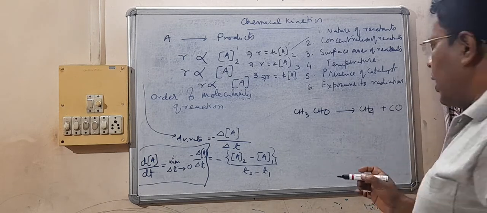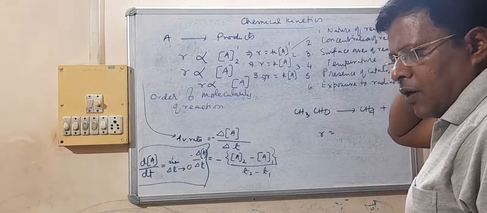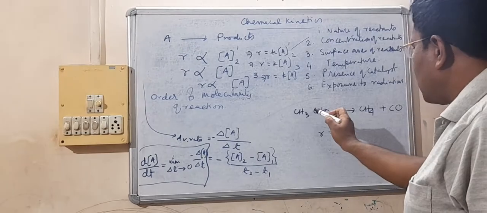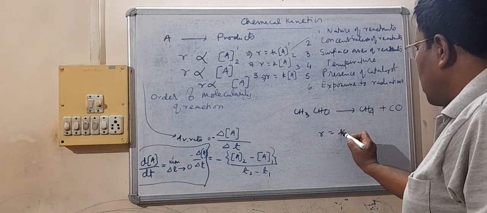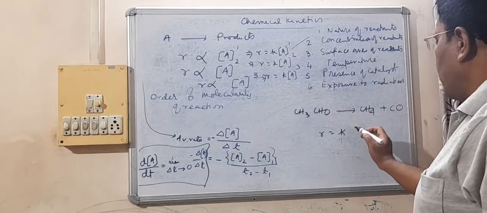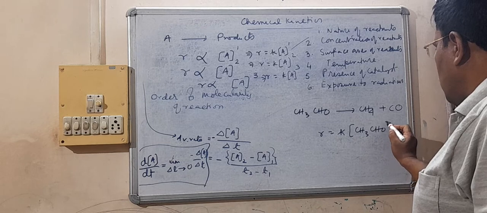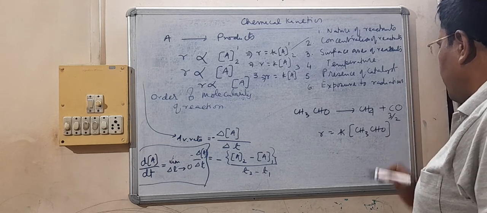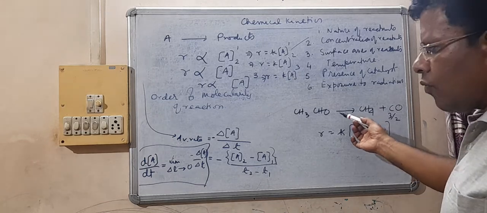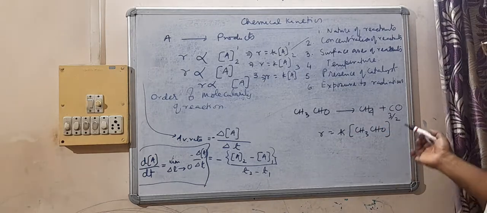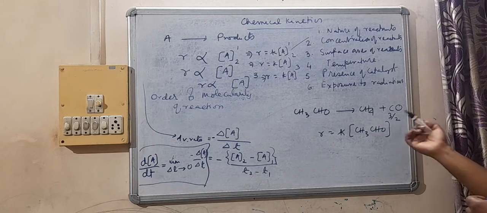Now, it is seen after performing experiments that the rate law expression for this reaction is R equals K times the concentration of CH3CHO to the power 3 by 2. So it is an example of a fractional order reaction, because here you see the power is 3 by 2. It is a fraction.